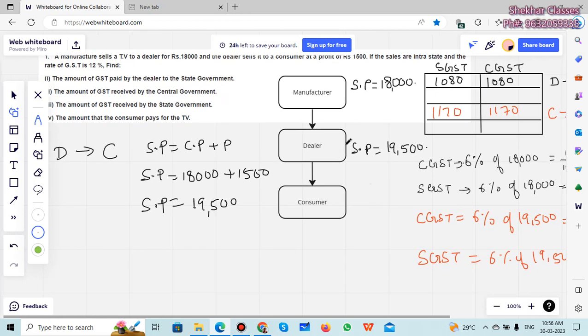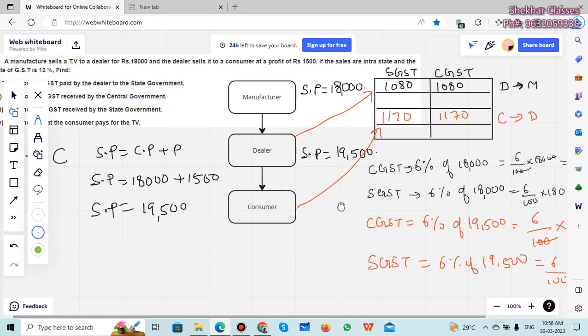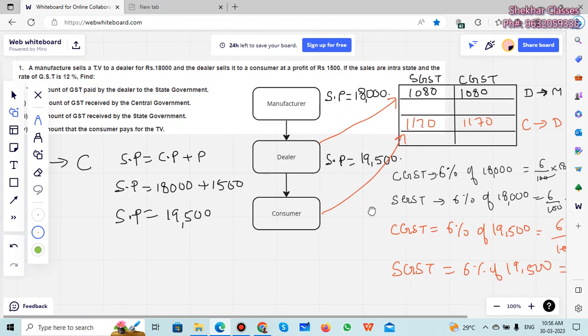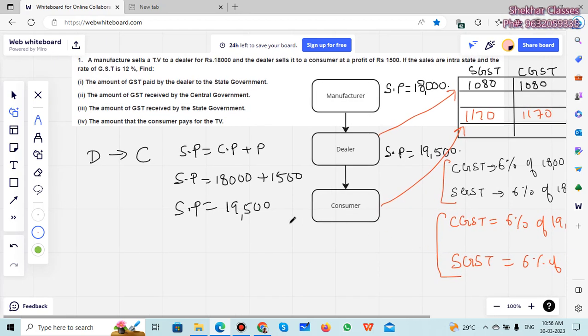So how much tax has he paid? Remember, he has paid a tax of this much. This is the tax paid by the dealer, and this is the tax paid by the consumer. Now who has to pay the tax to the government?